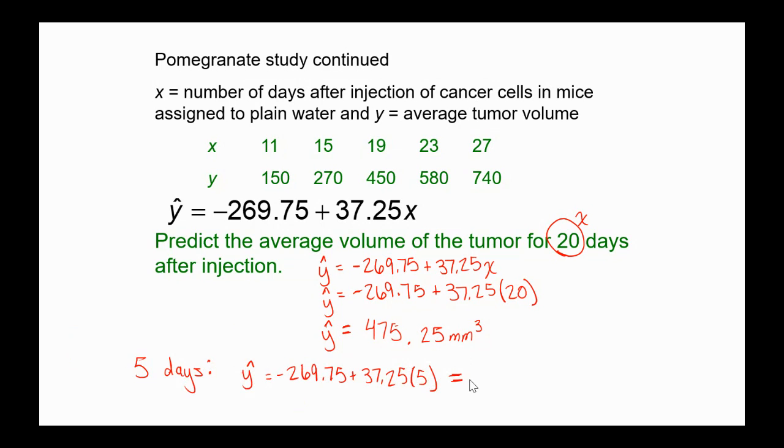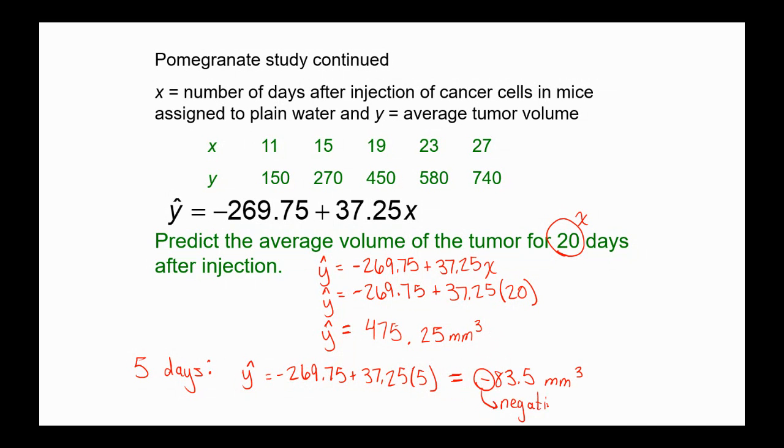Should be a negative number. Negative 83.5 millimeters cubed. Does this make sense? Why not? We got a negative tumor size.